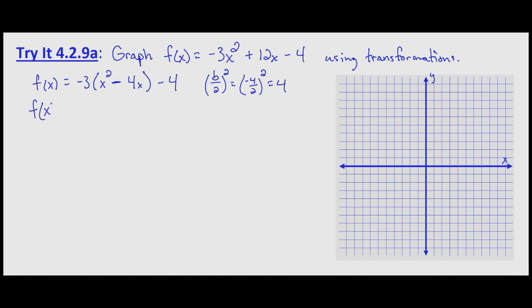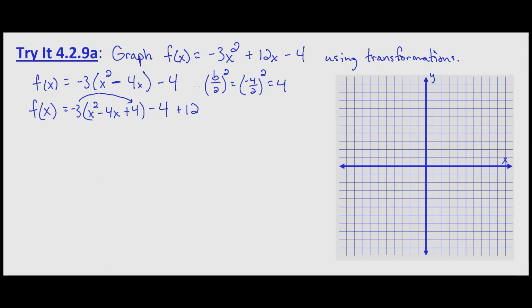So f of x equals negative 3 times x squared minus 4x plus 4. But now we're not just adding 4. We're still subtracting the 4 on the outside, but we're multiplying that 4 inside the parentheses by negative 3. So we're actually subtracting 12. To counter that, we need to add 12 to the 4 that's outside the parentheses.